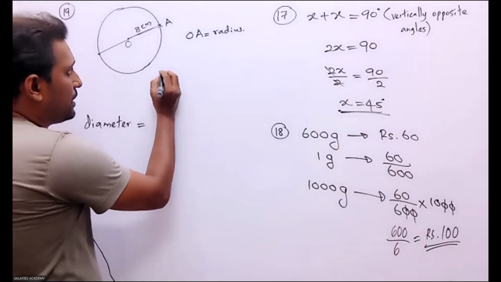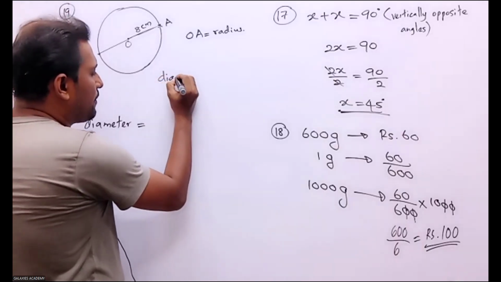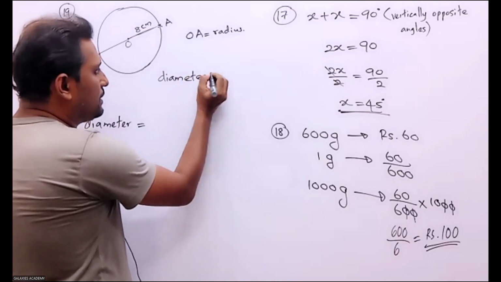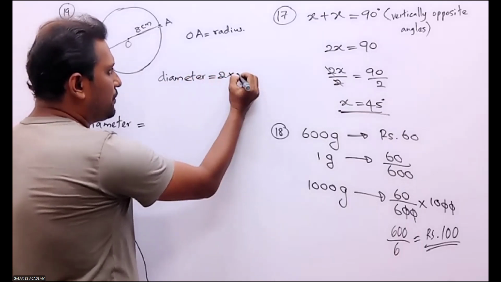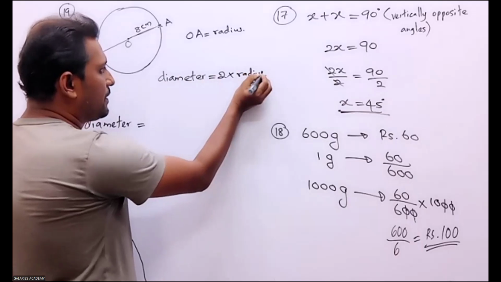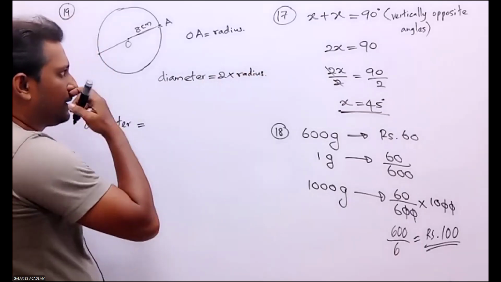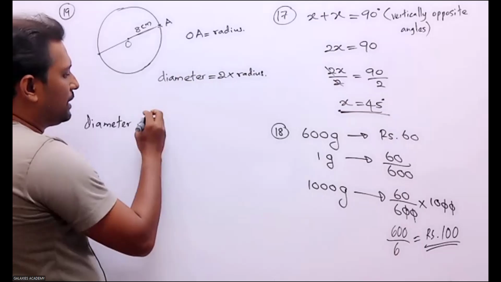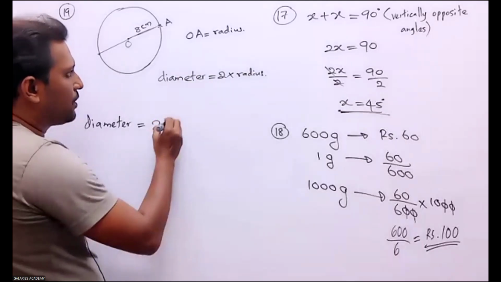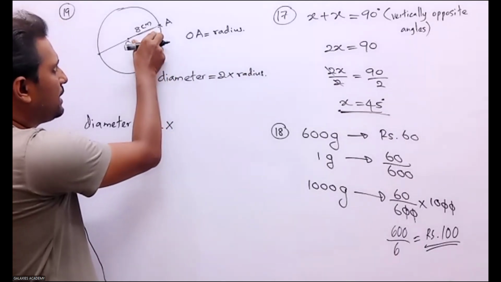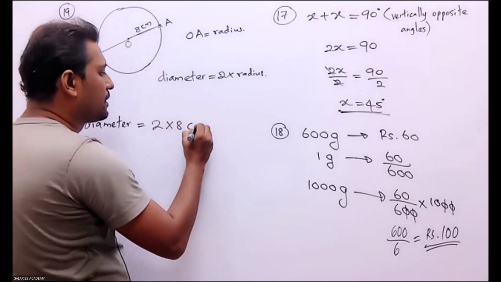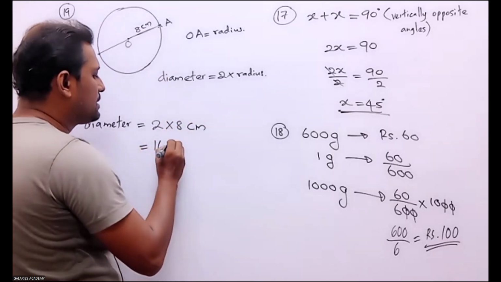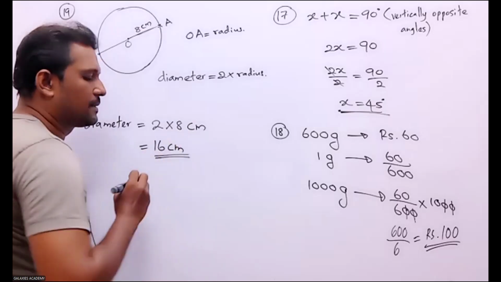Right? So remember the relationship: diameter equals twice the radius. In this question, the diameter is equal to twice the radius. What is the radius? 8 centimeters. So what is the diameter? 16 centimeters.